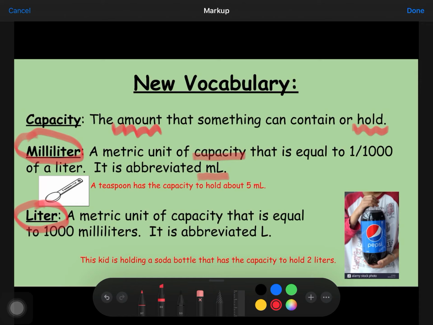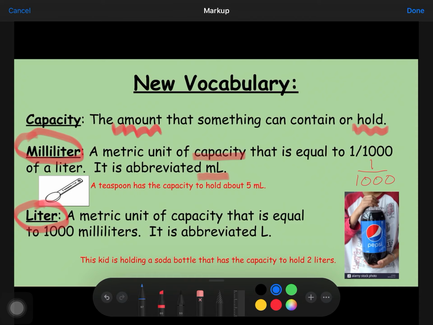Remember, this is a fraction, 1/1000. That would be a pretty small piece of cookie, right? So 1 milliliter is a small amount.